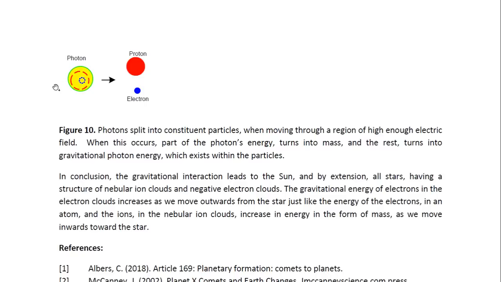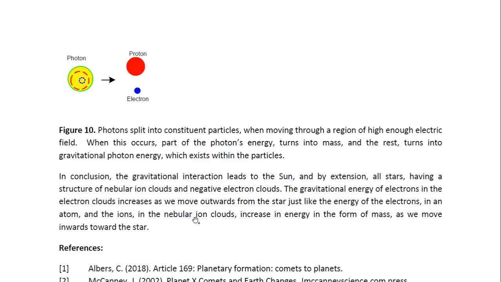But when the photon moves through a region of high enough electric field, the two particles that have different charge get pulled apart and come out of the photon, and at that time the photon's energy turns into the mass of the particles, and the rest turns into photon energy which exists within the particles. And I call it gravitational photon energy because it is associated with the particles' ability to interact gravitationally.